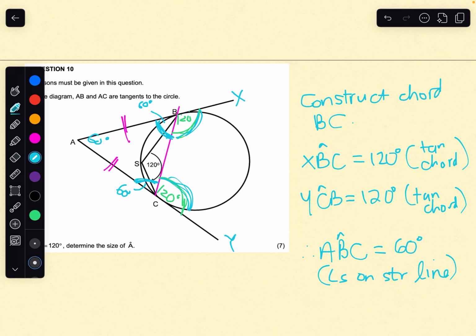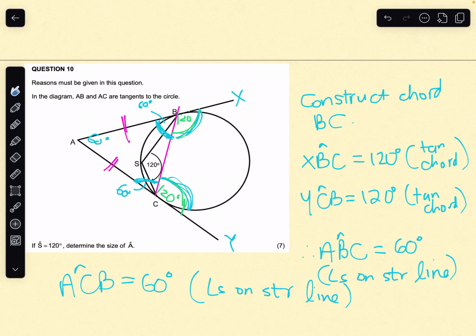Right? And you know, we don't even need this guy, because you could have said that this is 60 just because of equal tangents. So yeah, this being 120 gives us this being 60, which can give us this being 60 without us needing this. But anyway, many ways to arrive in Rome. So angle ACB is also equal to 60 because of angles on a straight line.